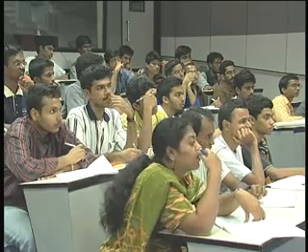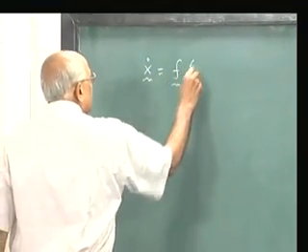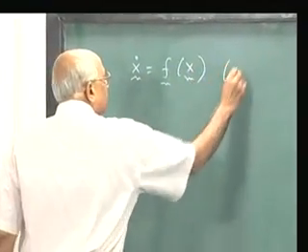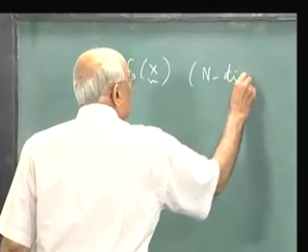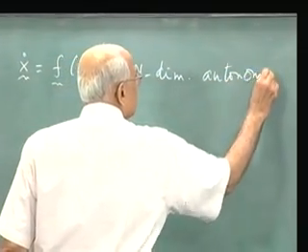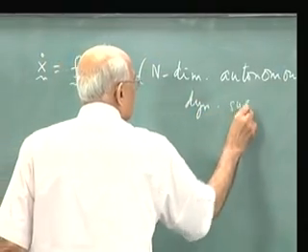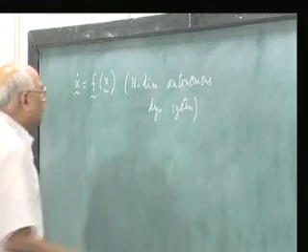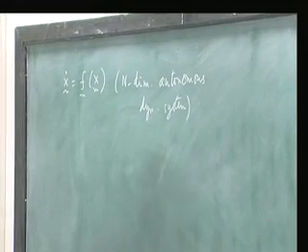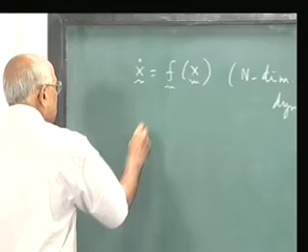Okay, so let us resume where we left off. Remember that our general n dimensional autonomous dynamical system was specified by a set of first order equations.